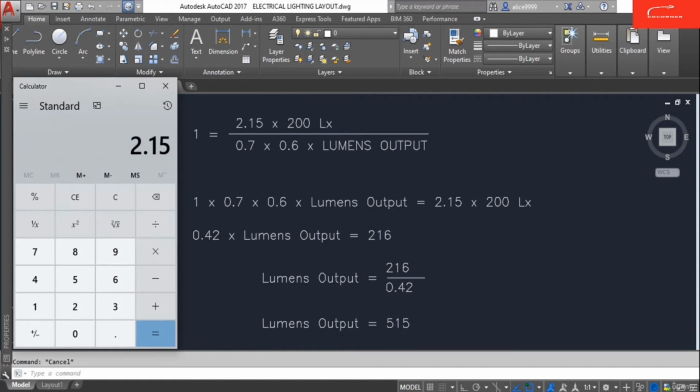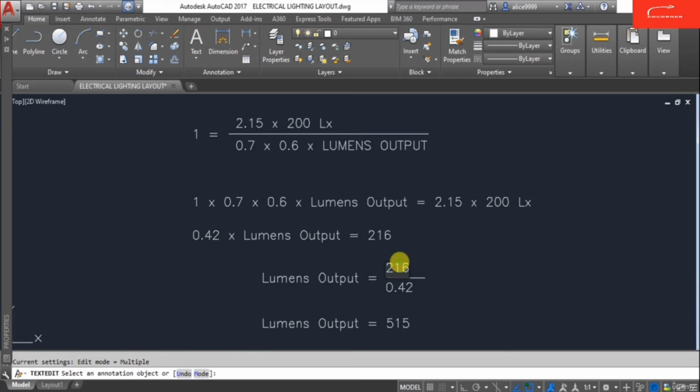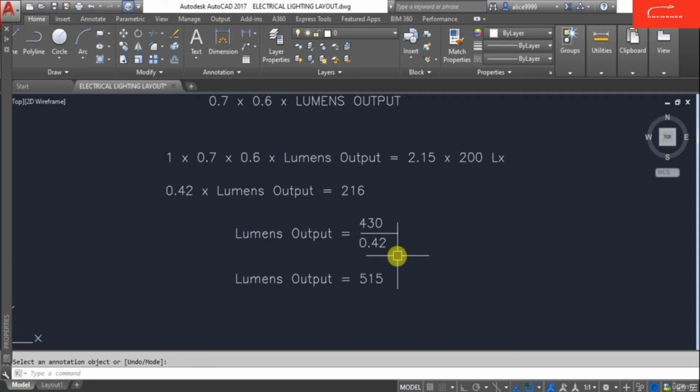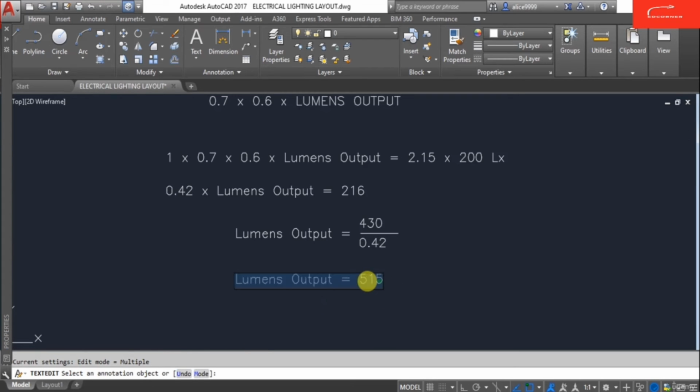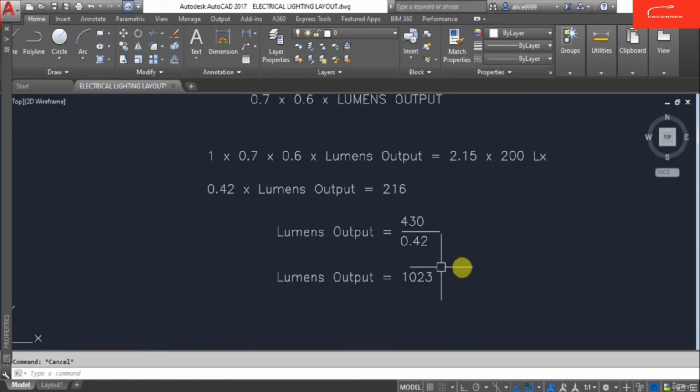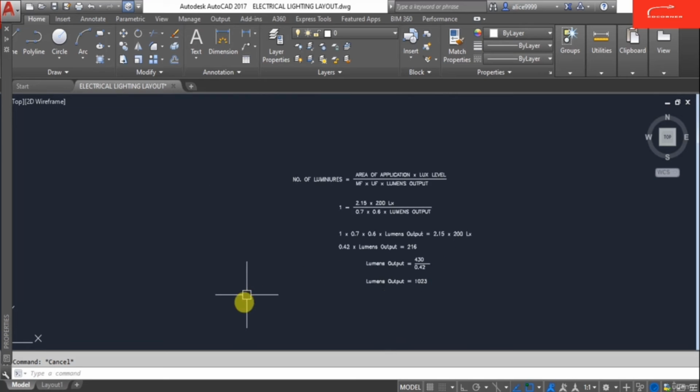So 2.15 into 200, that is 430. So 430 divided by 0.42, that is around 1023. So lumens output for this area for the passage is 1023.